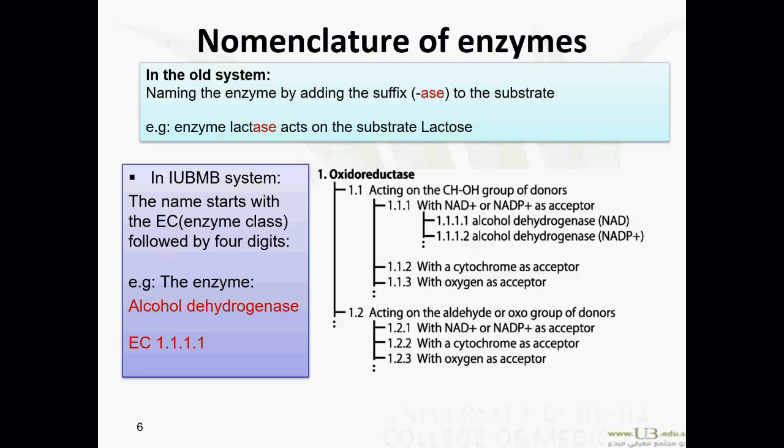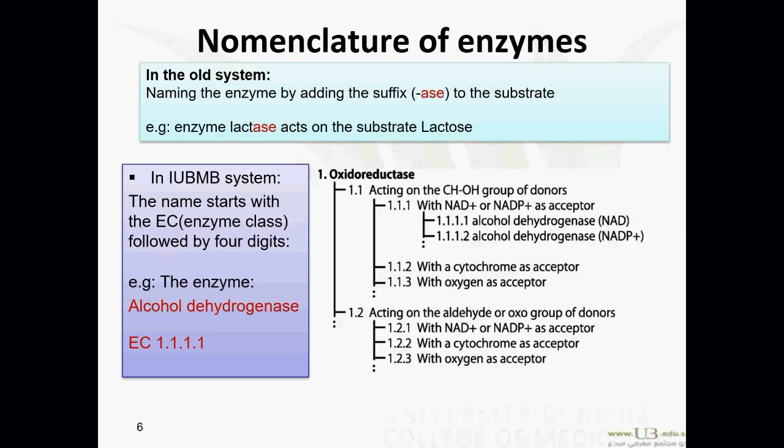Within each major class of enzyme, like the oxidoreductase, there are subclasses. For example, the oxidation reduction reaction which works on the hydroxyl group only is known as a subclass of the oxidation reduction reaction.